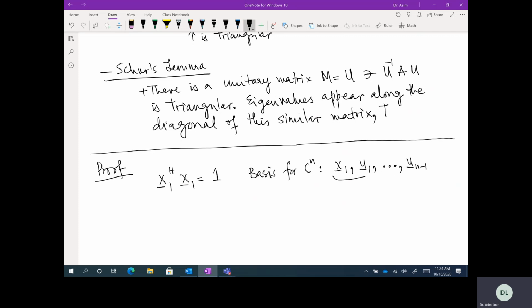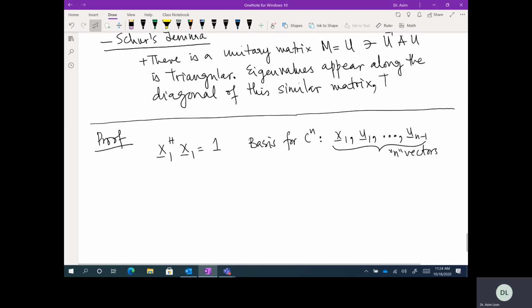So these are n vectors. First one is the eigenvector. And we form U1, which is an n by n minus 1 matrix. So U1 is formed like this: u1 up to u(n minus 1).